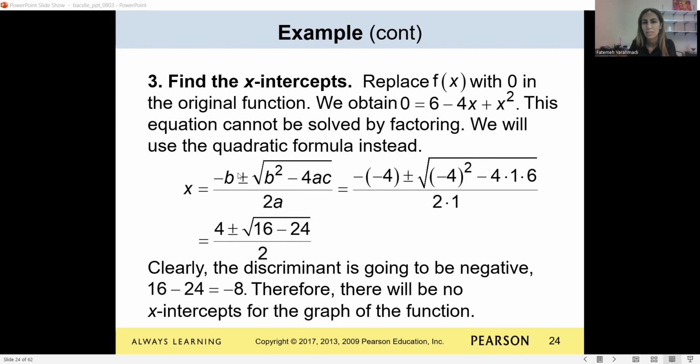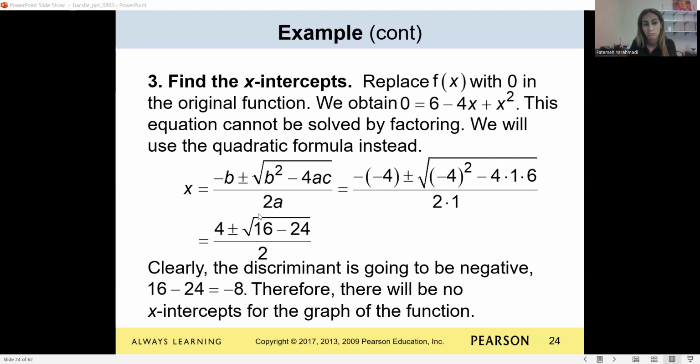We have all of these elements. B is negative 4, but be careful, you have a negative sign in front of it. Negative negative 4 plus or minus the square root of negative 4 to the second power minus 4 times A, which is 1, times C, which is 6, divided by 2 times A, 2 times 1.